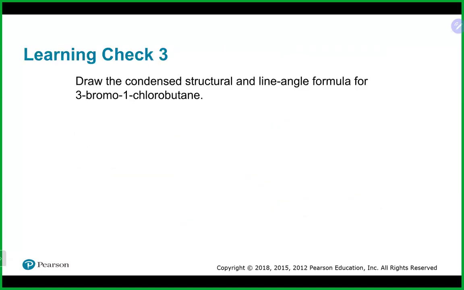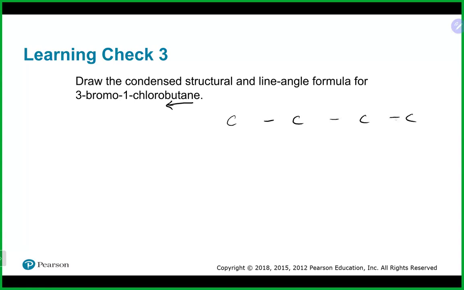All right, so why don't we draw this one here, 3-bromo-1-chlorobutane. As we've talked about previously, always want to work backwards when you have the name given to you. So butane once again tells us that is just 4 carbons in a row.